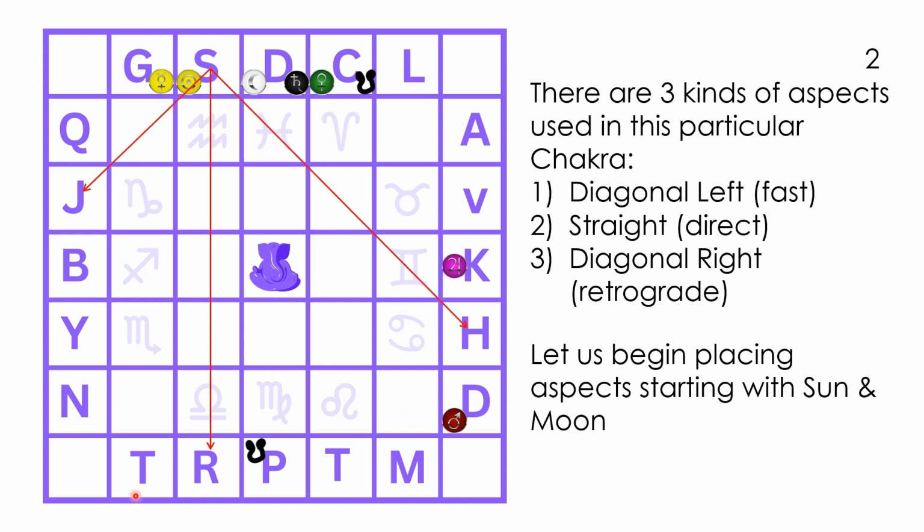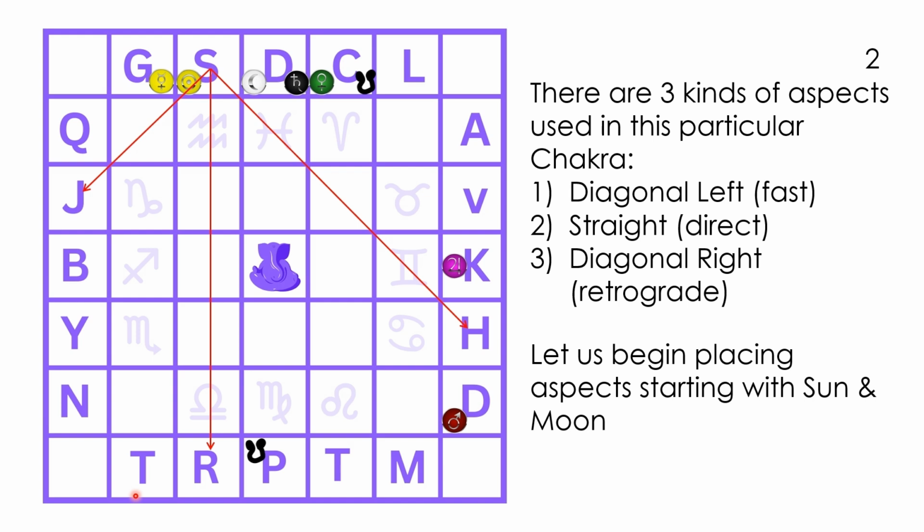So these are the aspects of the Sun, Moon, both the nodes. They have aspects in all three directions in this particular system. I'm speaking only for this particular system. So I'm not claiming that nodes have multiple aspects in other kinds of charts.